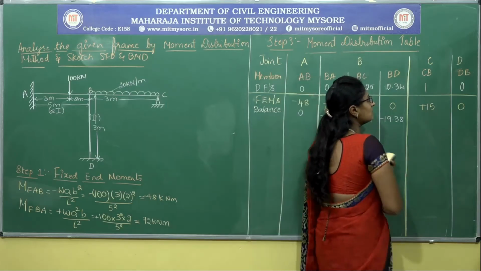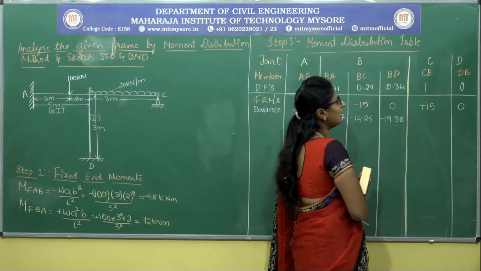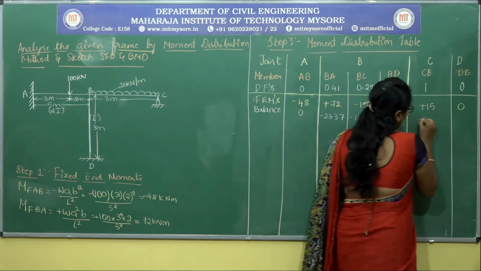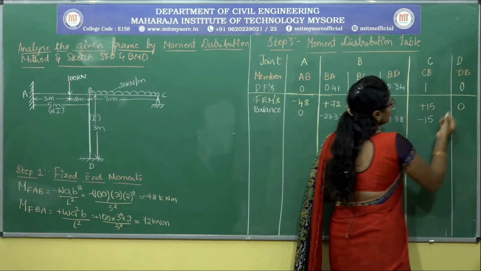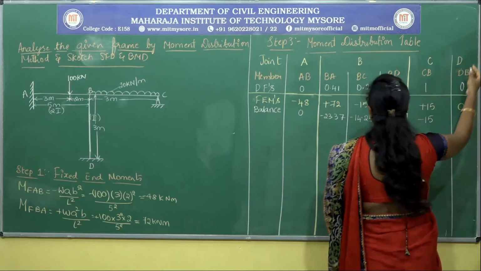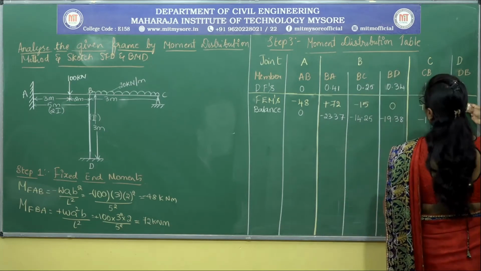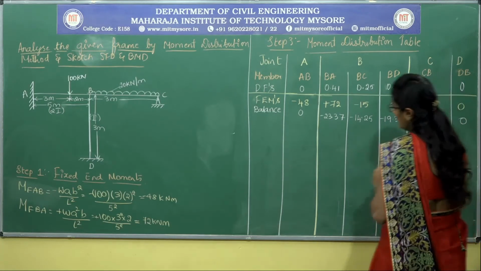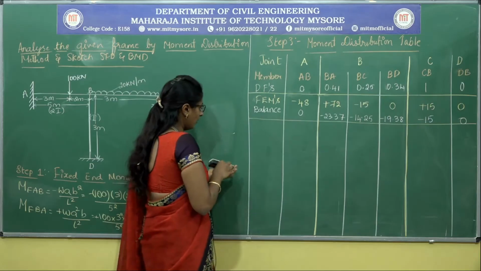Plus 15 is the unbalanced moment. In order to balance this, we need to consider minus 15. Minus 15 into 1 will give you minus 15. So DB, there is no extra loading, therefore the fixed end moment is also 0, therefore this will also be 0.